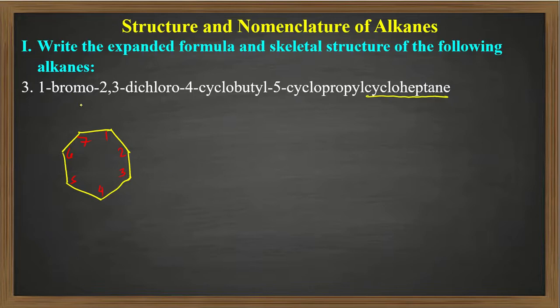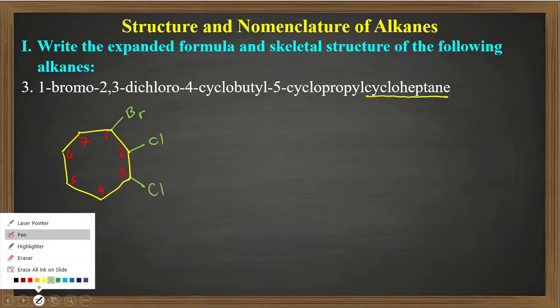So in carbon number 1, meron tayong bromine atom. Okay, let's use a green for halogen. Alright. And then meron tayong dalawang chlorine in carbon number 2 and 3. Right? Ayan. And then meron tayong cyclobutyl in carbon number 4.